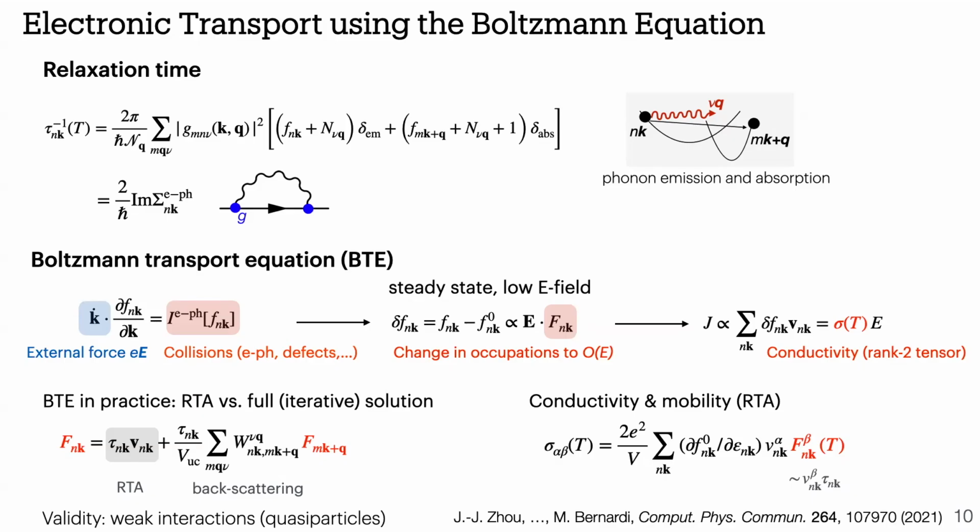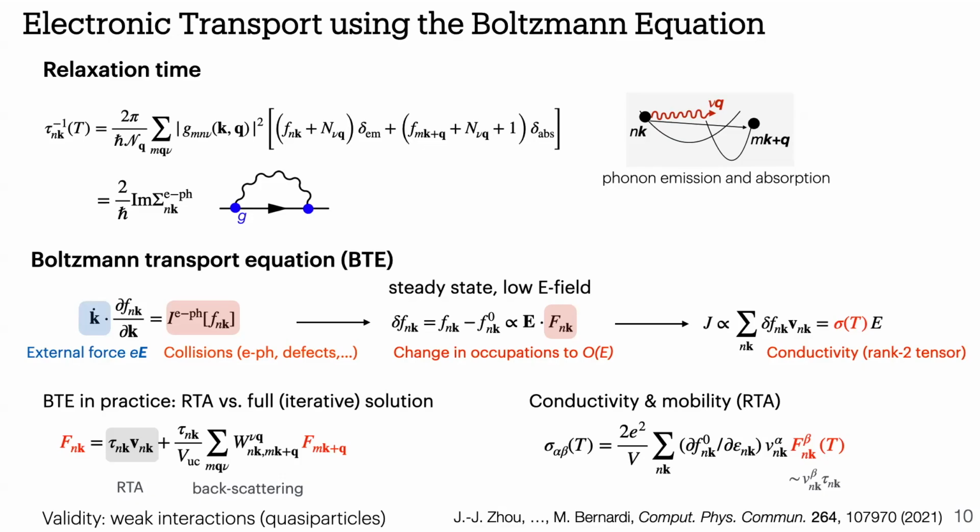Then you can compute the current, which is basically given by this change in occupations relative to equilibrium times the band velocity, which you can compute from density functional theory. That essentially gives you the conductivity, which is a rank 2 tensor because it combines two different vectors, the applied electric field and the current, which need not be parallel in general.